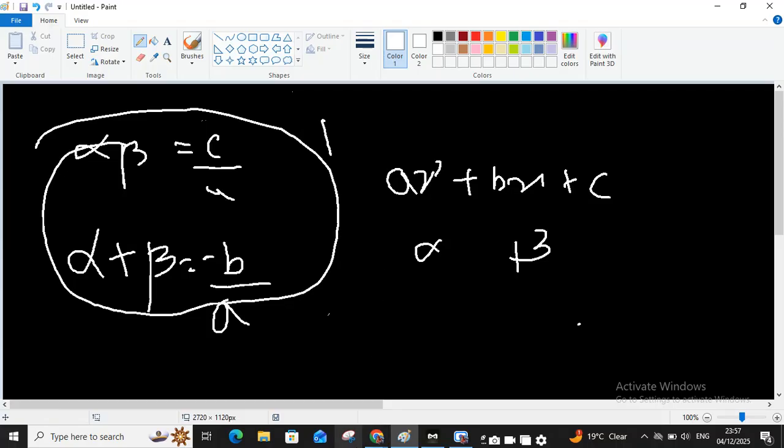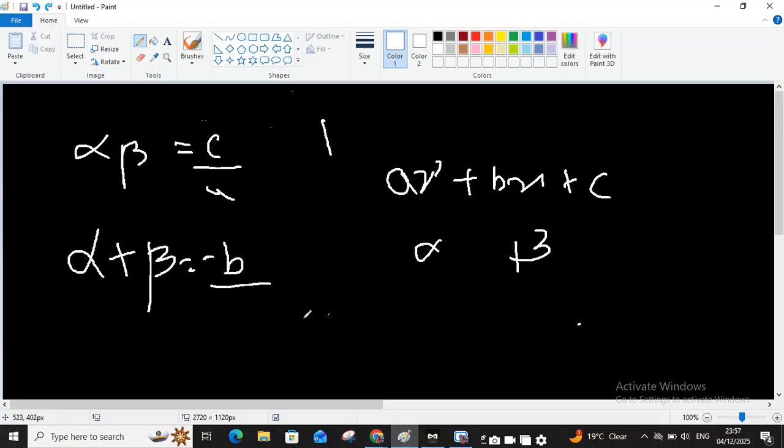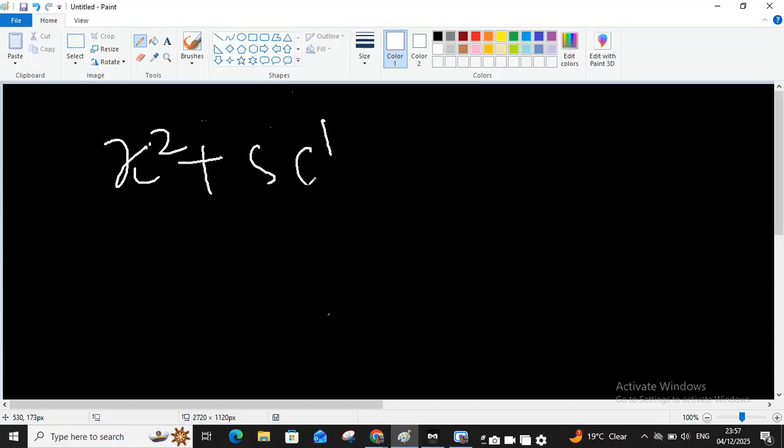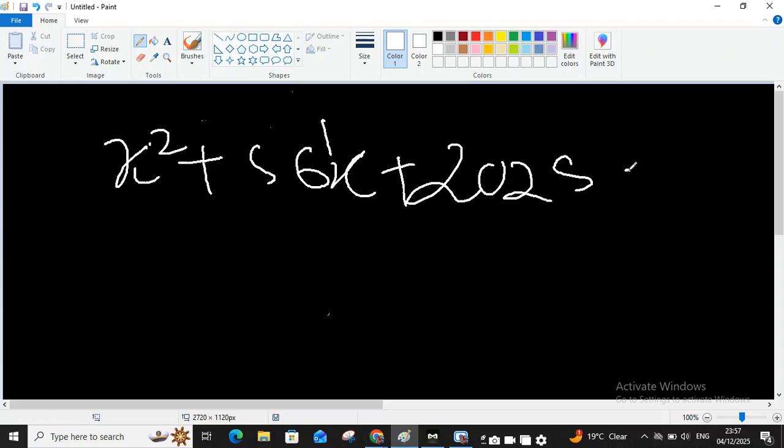Now what is left? The last one is that when you have a quadratic like this, I'm just giving something I made up on my own. It is 2025, this is a funny quadratic. You will not be able to find the roots if you follow the old process of factorization.